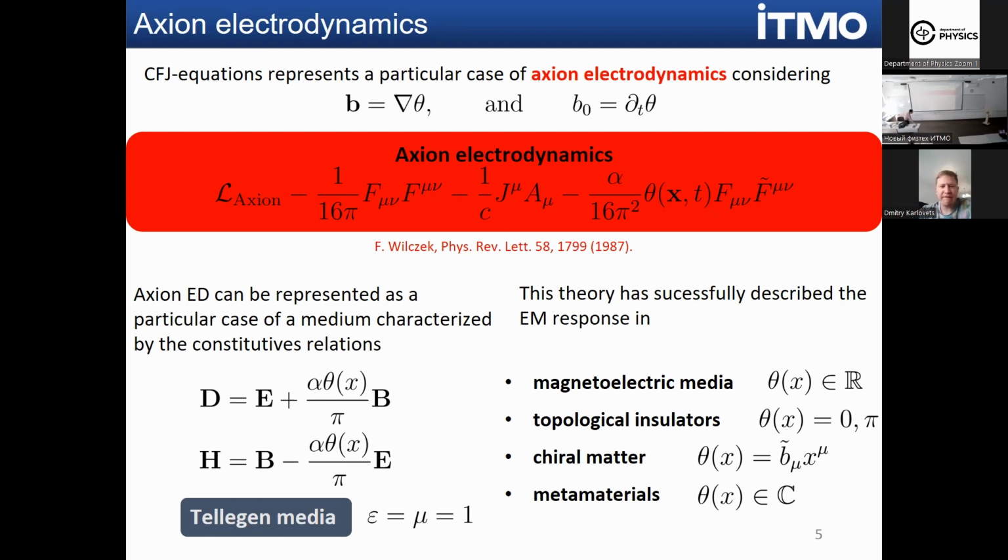In my opinion, this is a bit problematic because, as you said, there are solutions in the form of plane waves in these Weyl semimetals, something like this, but with probably omega here and here. So I don't know. Yeah, in the form you wrote, it's perfectly fine, but there is some issue here because your theta depends on X, and when you substitute fields in the form of plane waves, you get some problems.